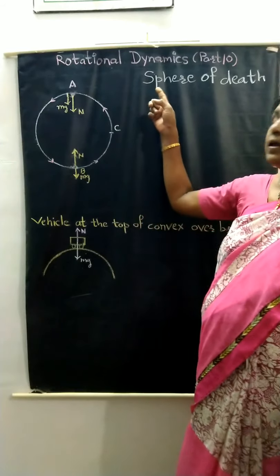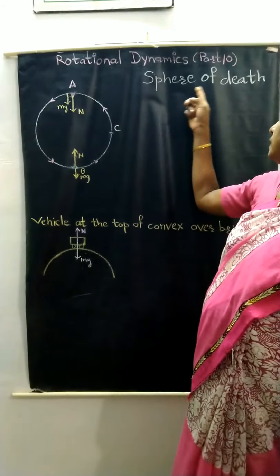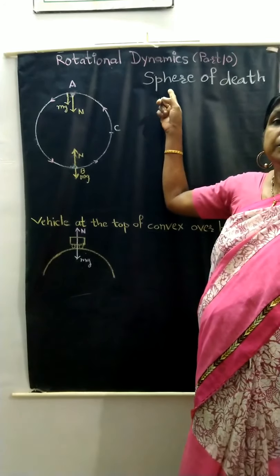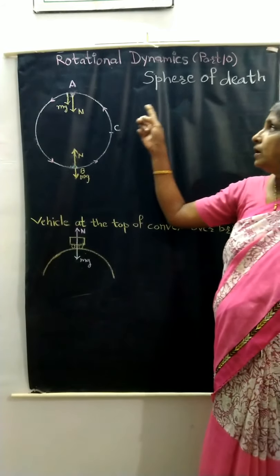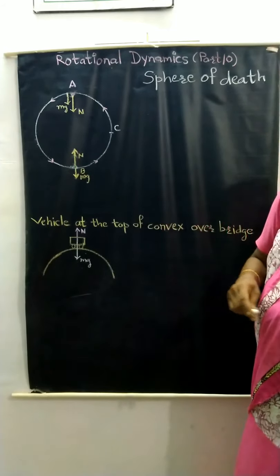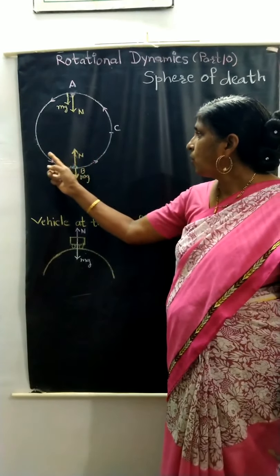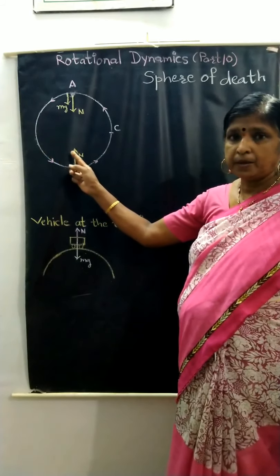In the circus, we often enjoy the show of the sphere of death. It is called Mrityu Goal. Initially, the bike rider performs motion along a horizontal circle.